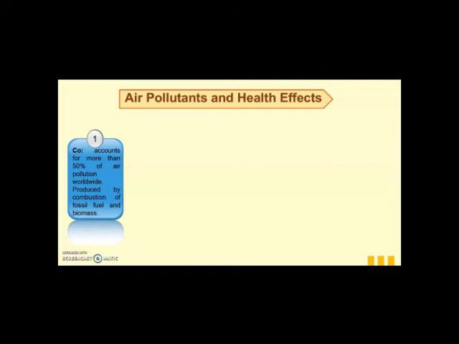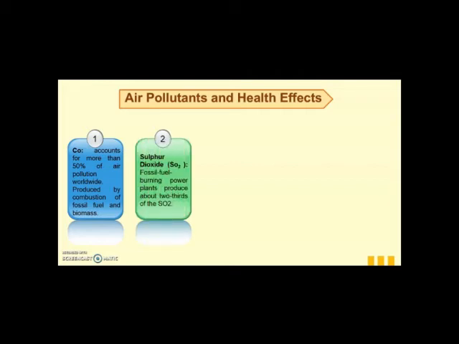The second major air pollutant is sulfur dioxide. Fossil fuel burning power plants produce about 2/3 of sulfur dioxide. Sulfur dioxide results from the combustion of sulfur-containing fossil fuel, the smelting of sulfur-containing ores, and other industrial processes.